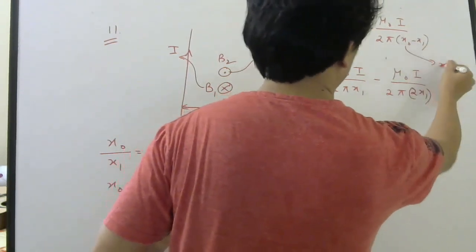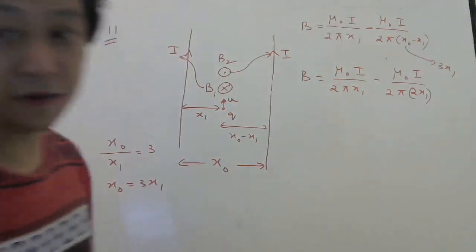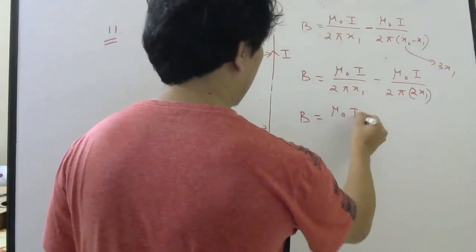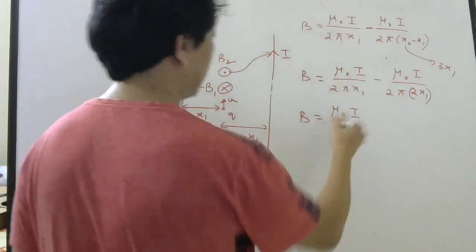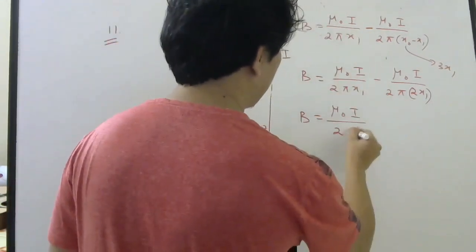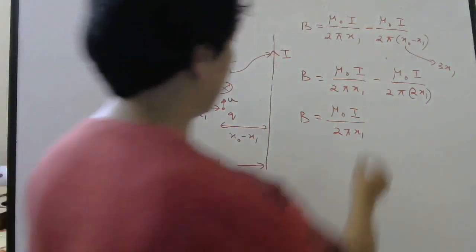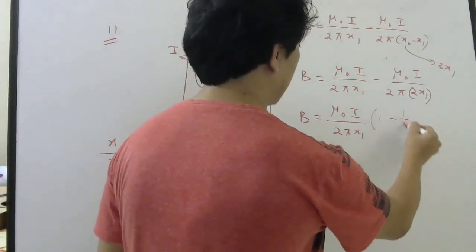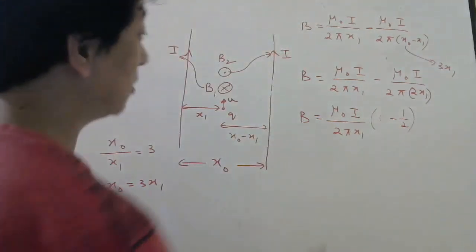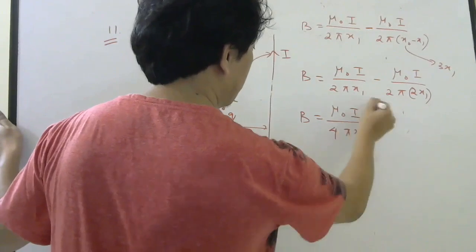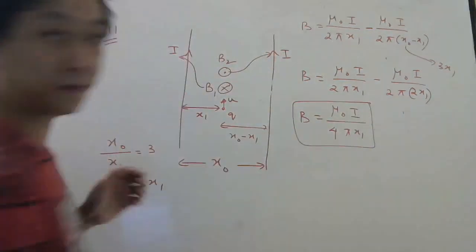This is 3 times x1 according to the question. So the magnetic field will be mu naught I by 2 pi x1 common, times 1 minus half. 1 minus half will be half. So this is the magnetic field right now.